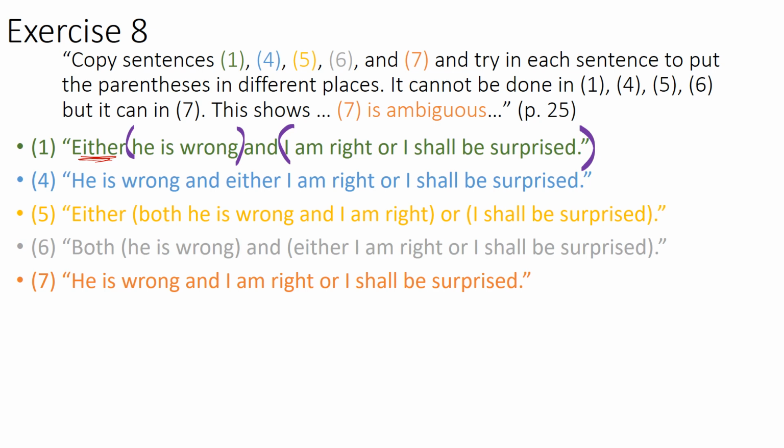So you would suspect that the or connective would be dominant. However, the or connective is placed in parentheses here. But the dominant operator, or dominant connective, should be outside of parentheses. So therefore, the parentheses here are just not correct.